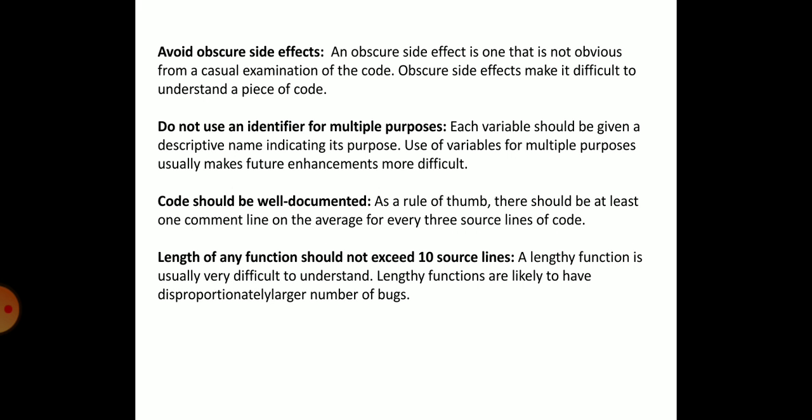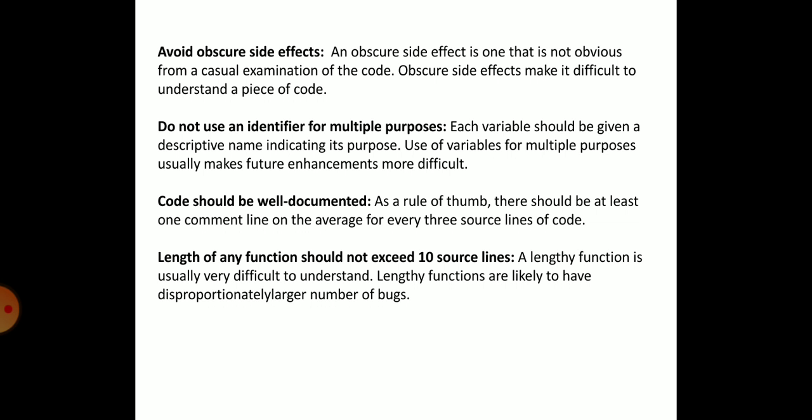And the next one is do not use an identifier for multiple purposes. See, some programmers may use the same variable name for multiple purposes. The reason behind this may be memory efficiency. For example, 3 variables use up 3 memory locations, whereas the same variable used in 3 different ways uses just 1 memory location.